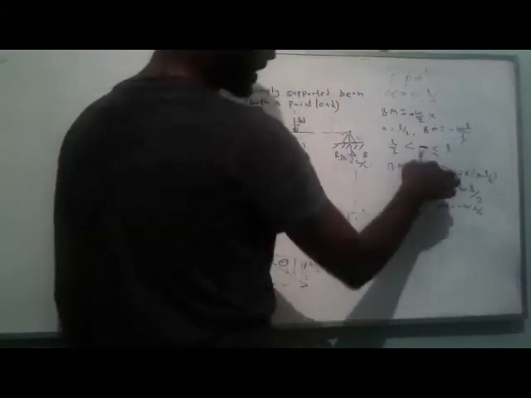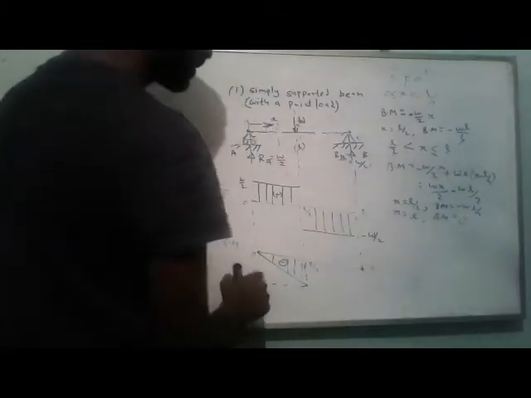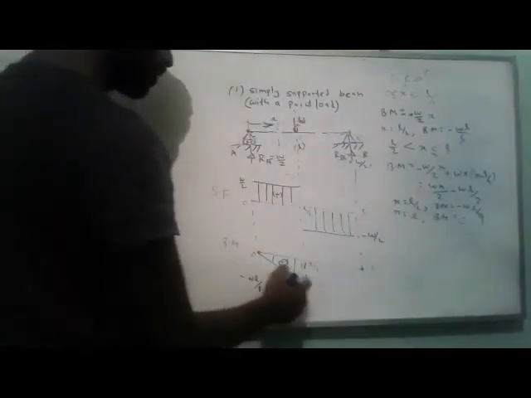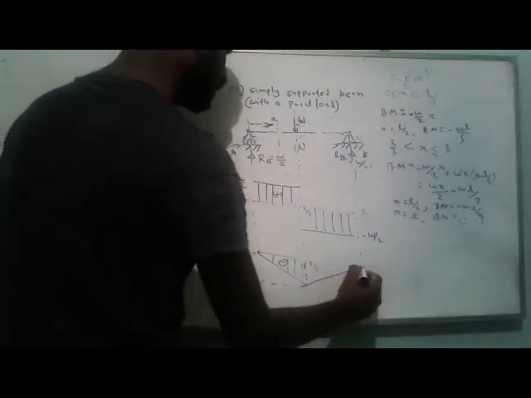When x is equal to the maximum, L, you get bending moment as 0. So at L it is 0, and at L over 2 you get WL over 4, the same value as here. So this is also a linear variation.